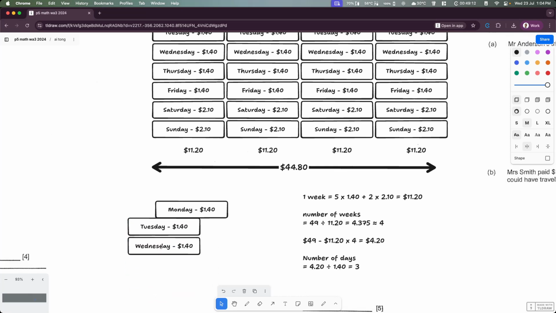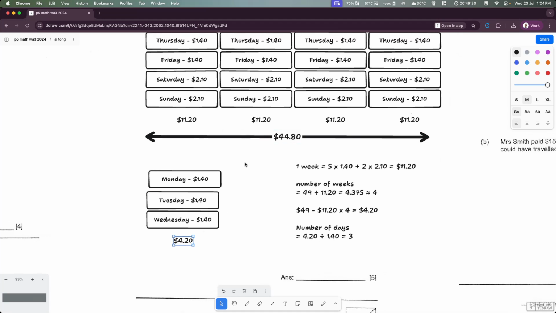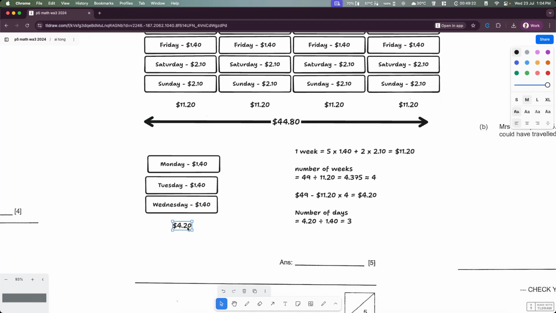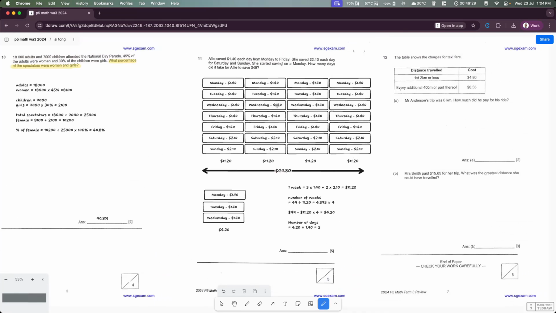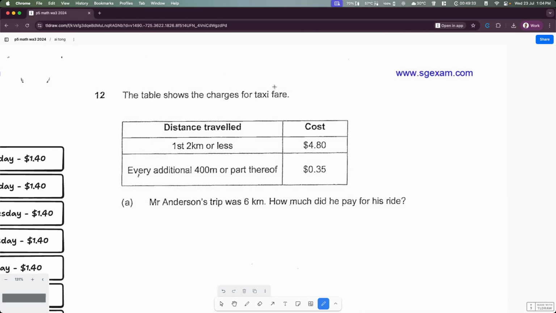And in total, this will give us $4.20. Okay, and then if we combine this $4.20 plus $4.80, this will give us $9. Okay, so hopefully this makes sense. Okay, it's a lot. All right, let's move on to the last question.